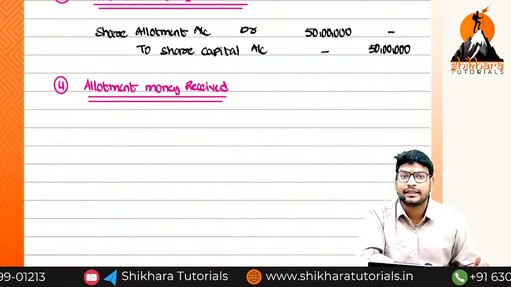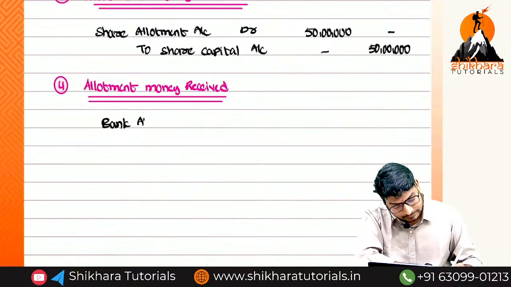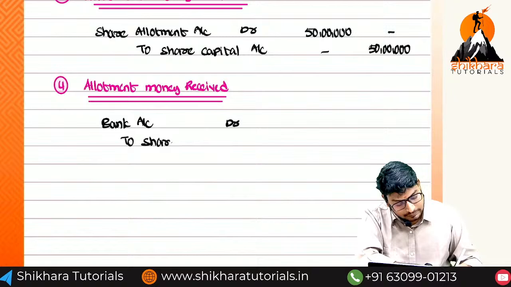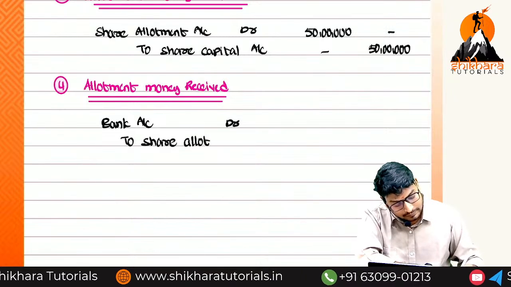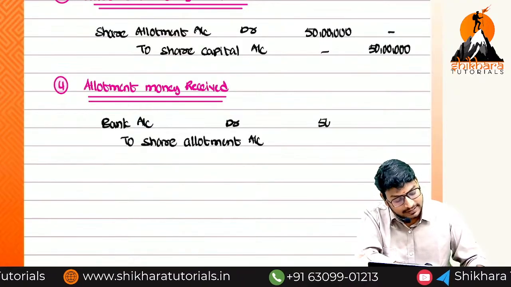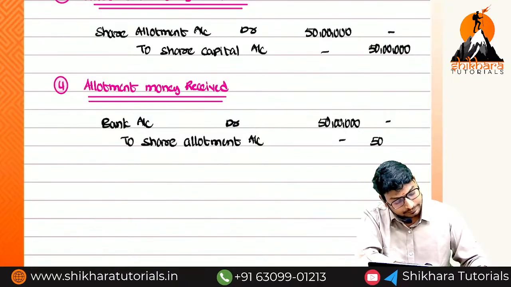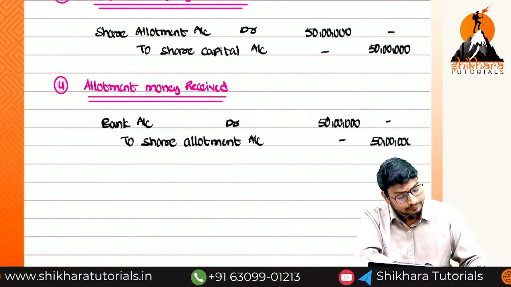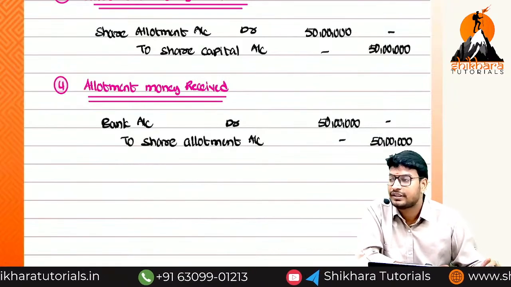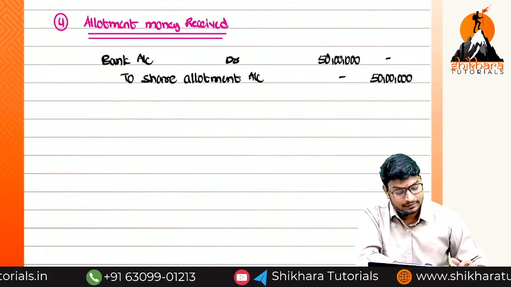Bank account debited to share allotment account, the same amount of 50 lakhs. Until now it is the same as we have discussed earlier. Now we are going to see what is important. What is the fifth one?